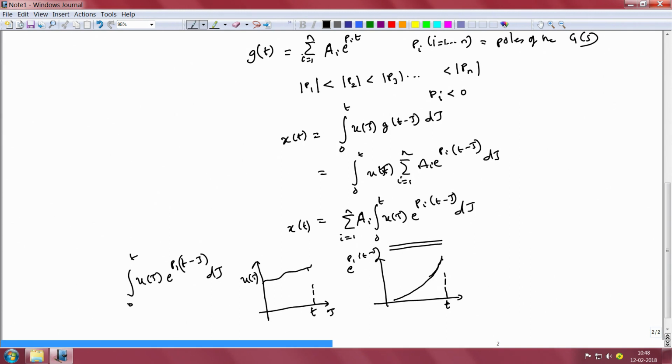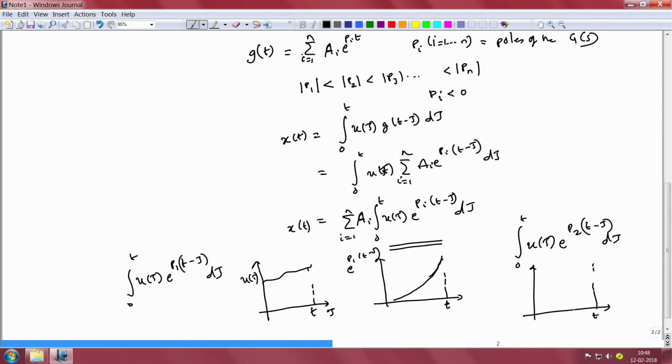Now, if you look at the next term, which is integral 0 to t u of tau e to the power p2 times (t minus tau) d tau, this integral is equal to the area under the curve, which is the product of u of tau and e to the power p2 times (t minus tau). How does e to the power p2 times (t minus tau) look?